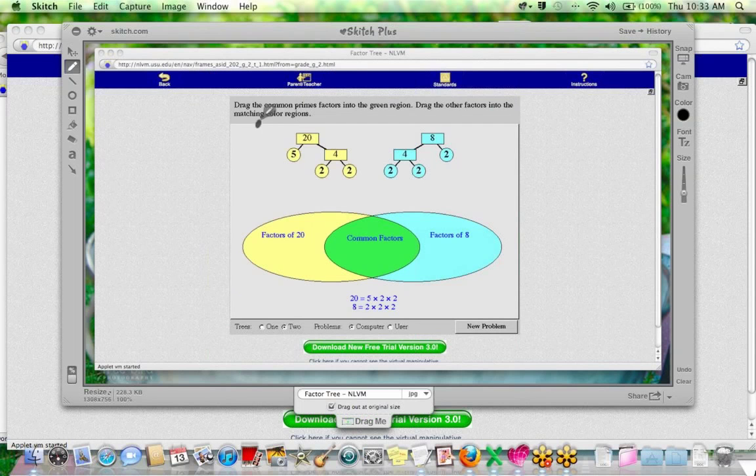Okay, that should work now. Factors of 20. Anything in the yellow are only factors of 20. Anything in the green are numbers that they both share, both of these problems. And factors in this blue color are only factors of 8. So who wants to help me fill in factors of 20? Which numbers are only factors of 20?